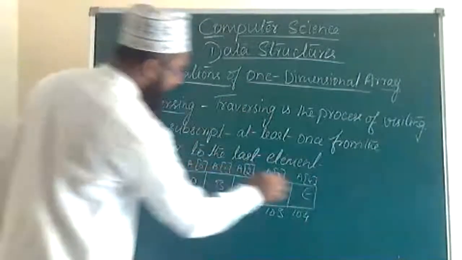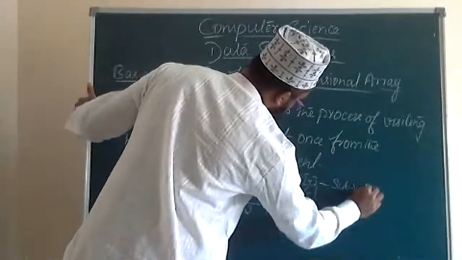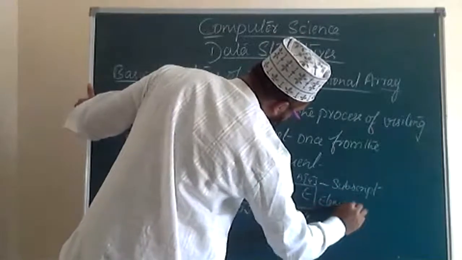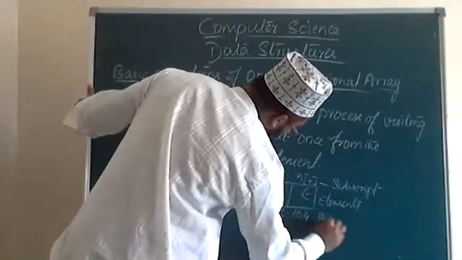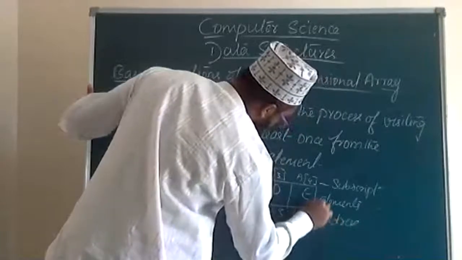So you have to know that these things are called subscripts. Then these are elements, and this is the address.